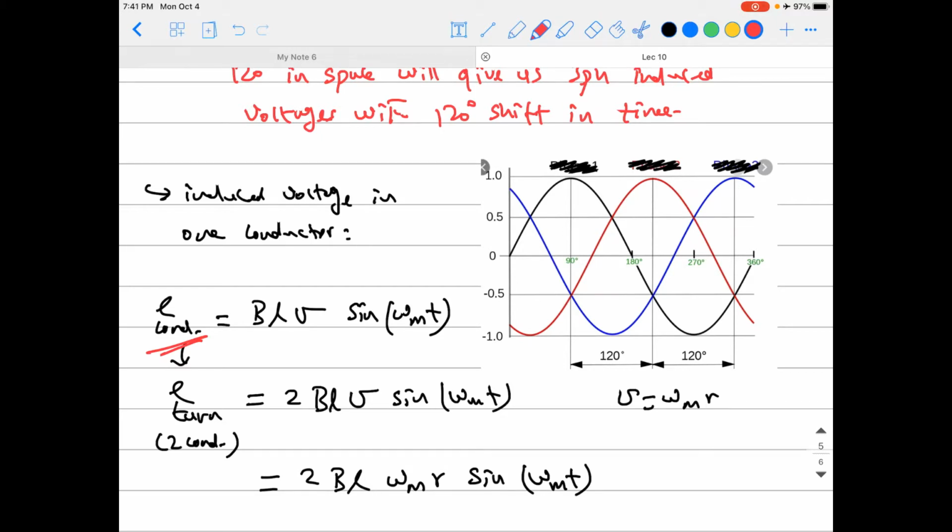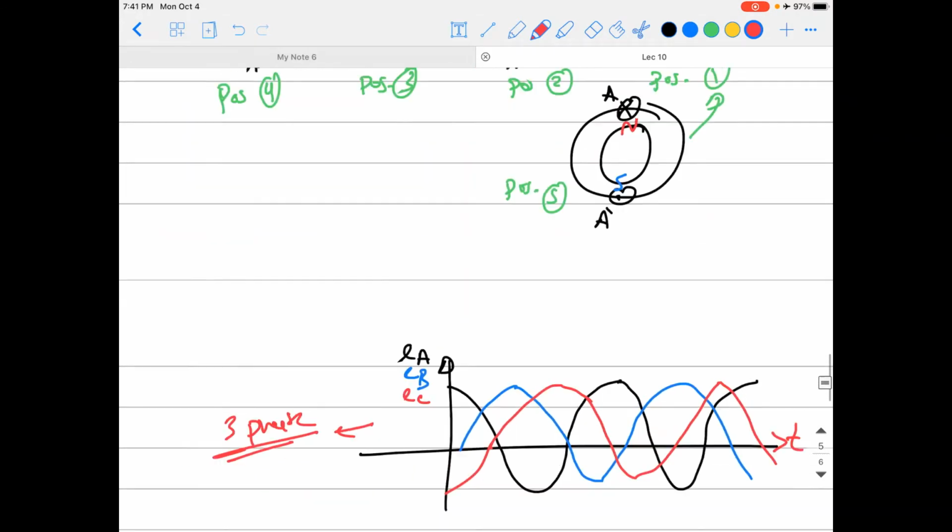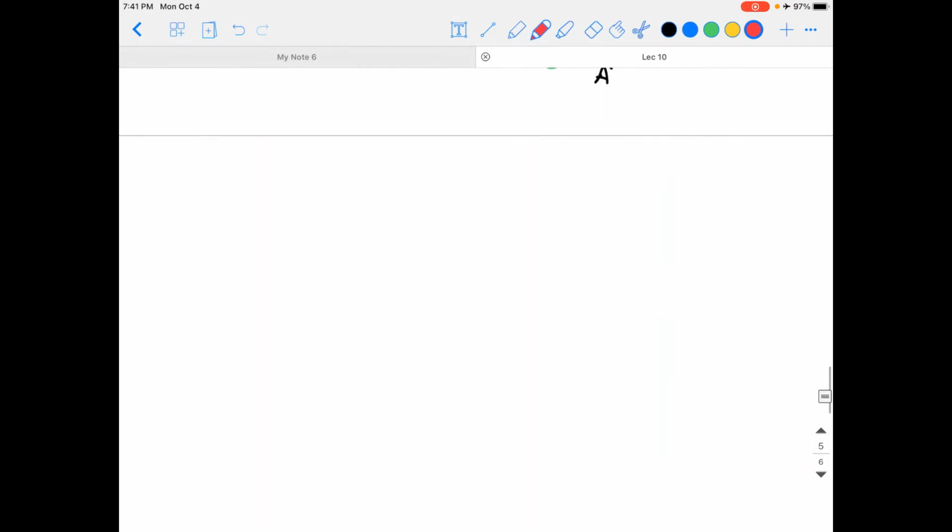It's not just a constant value like the DC machine, because there it's a DC value, but here it's not a DC value. It's a sinusoidal value like we just derived from the theory of operation of the machine here, okay guys?